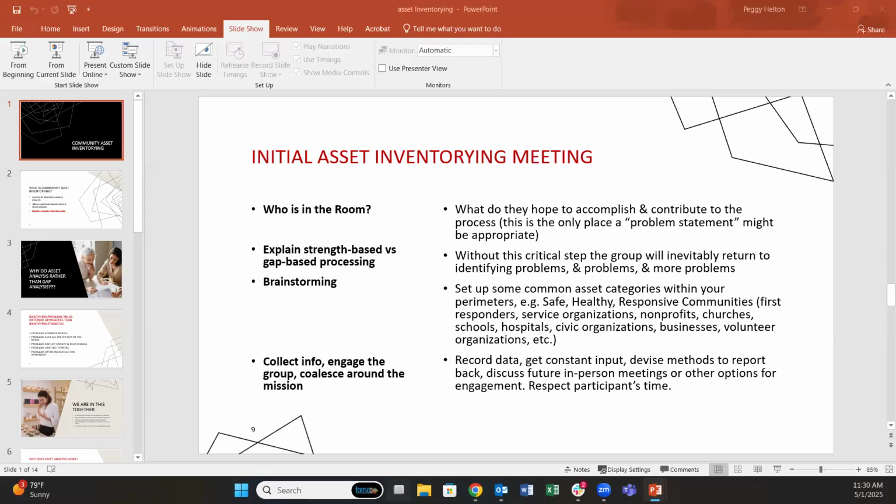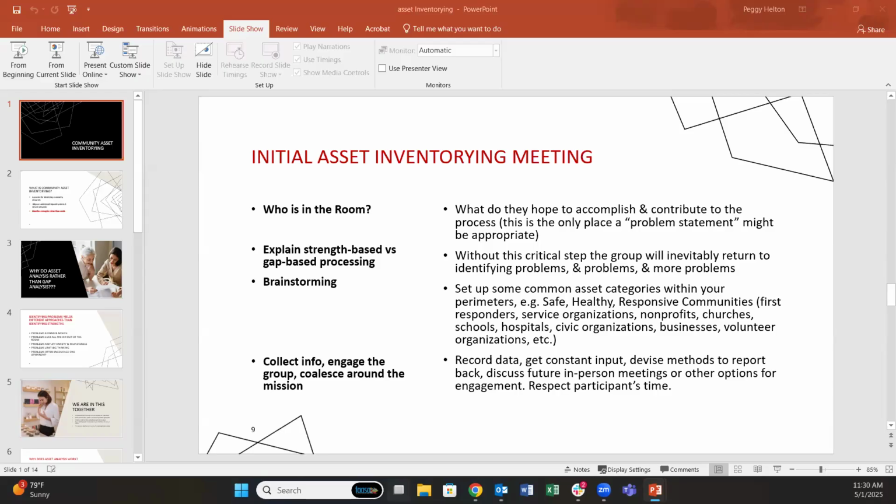But this is the only place where they might include some kind of problem statement that might be appropriate, because you don't want that to come up later. You want them to have that opportunity to put that in from the very beginning.